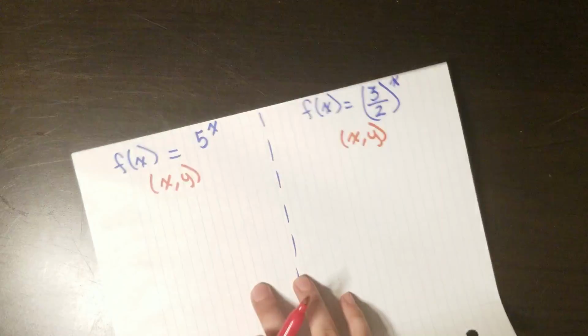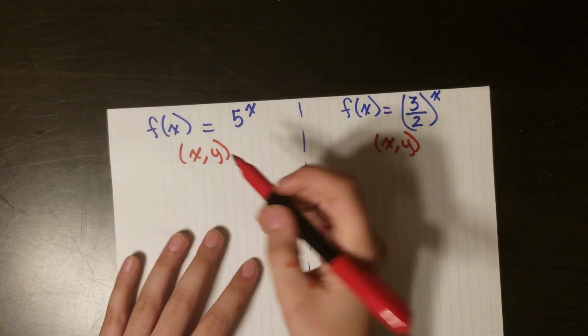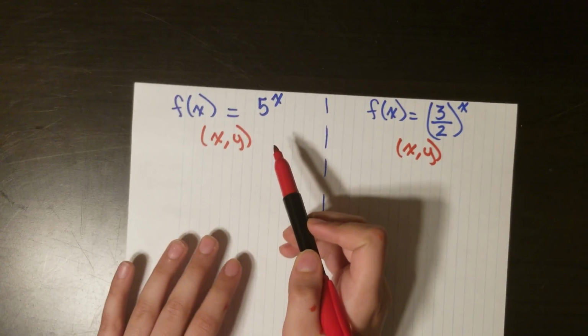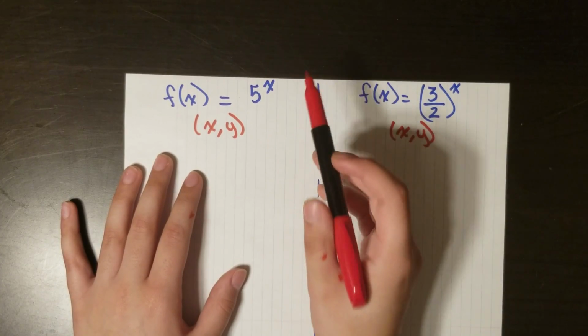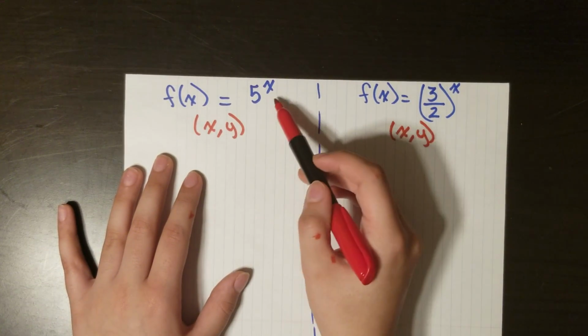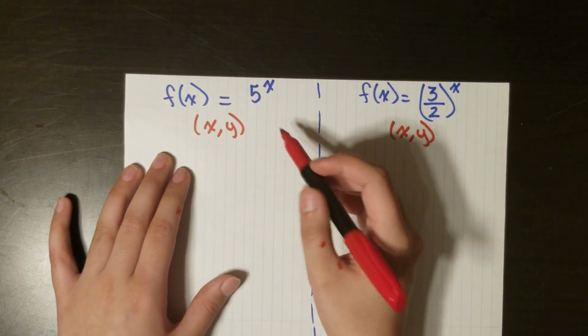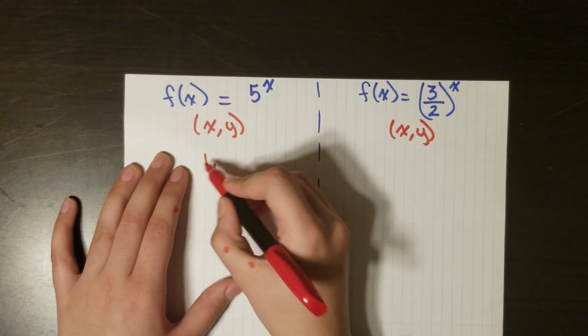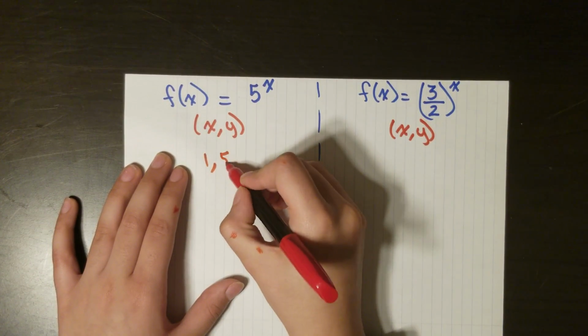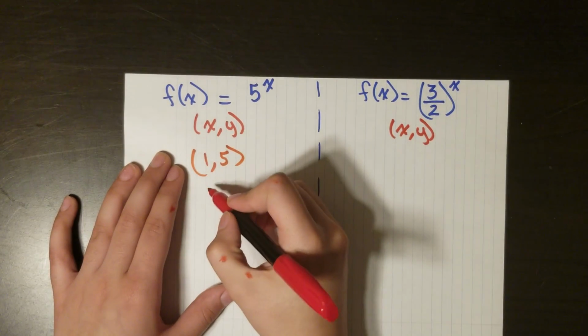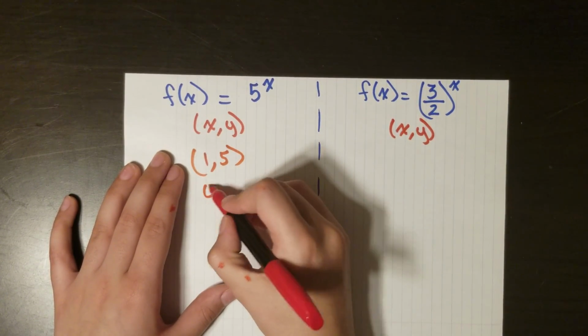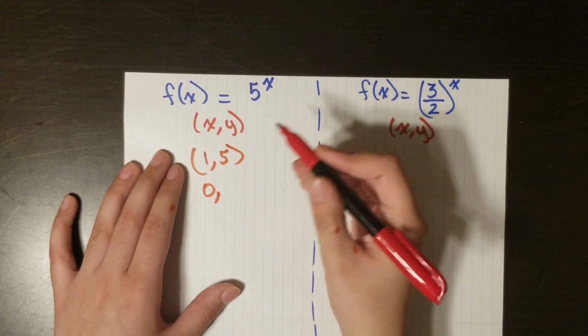Let's look at a few examples with these rules now. If I had f(x) = 5^x, I know that anything to the exponent of 1 is just my base. So if x is 1, my y is my base, and my base is 5. When my x is 0, anything to the exponent of 0 is 1.